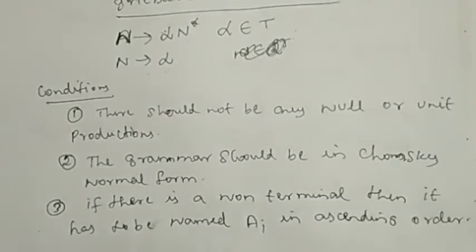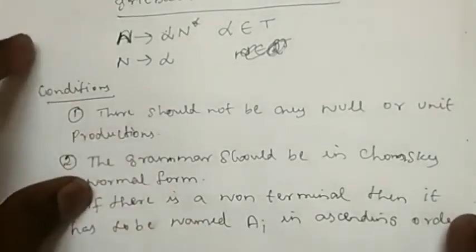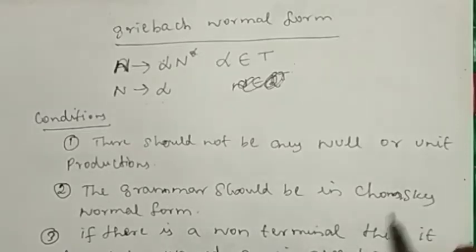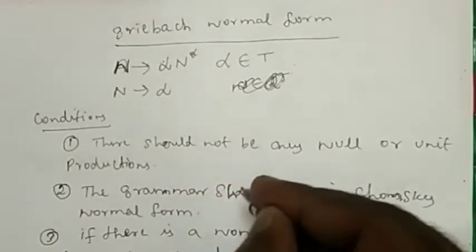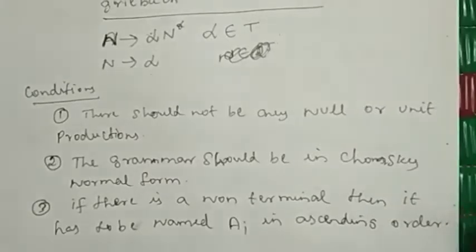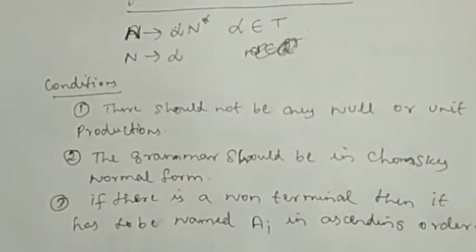If there are, then you should eliminate them, and we have seen how to eliminate null and unit productions in the previous lectures. And you know what is meant by Chomsky normal form, which has already been covered. And all the non-terminals have to be named with A to the power of i.